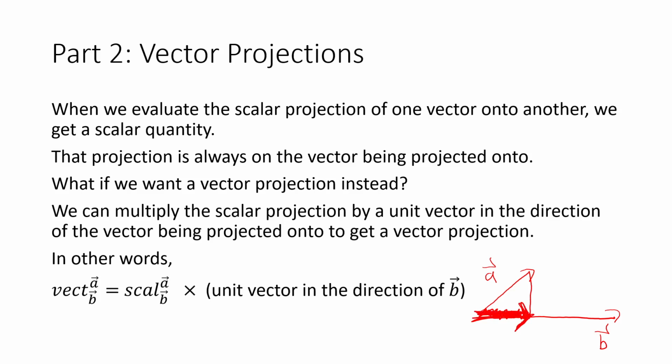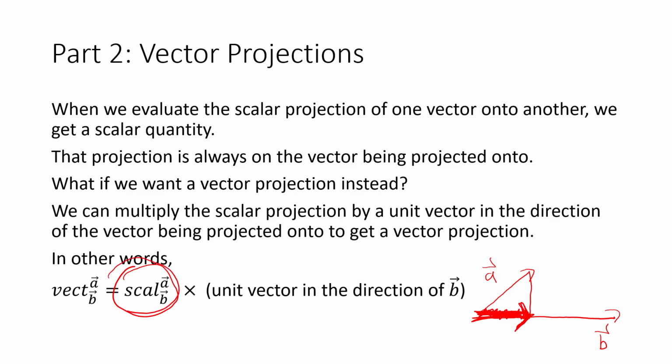Well, fortunately, the scalar projection of A on B gives me the magnitude that I want. But I need a direction without changing that magnitude. The way to get a direction without changing a magnitude is to get a unit vector in the direction we wish to go. Because then when we multiply, the unit vector has a magnitude of 1.